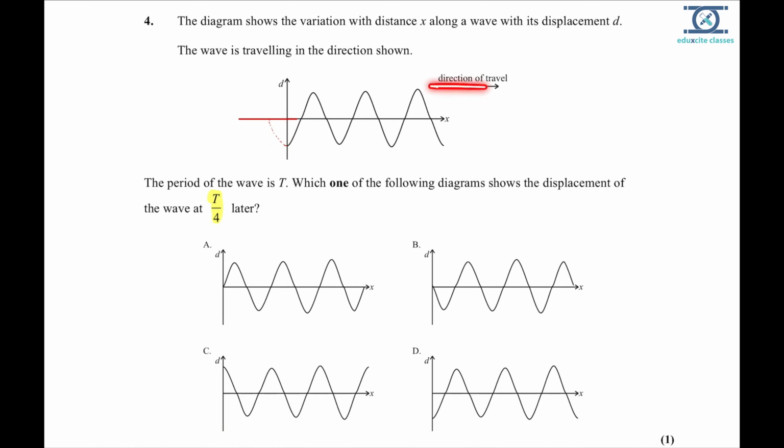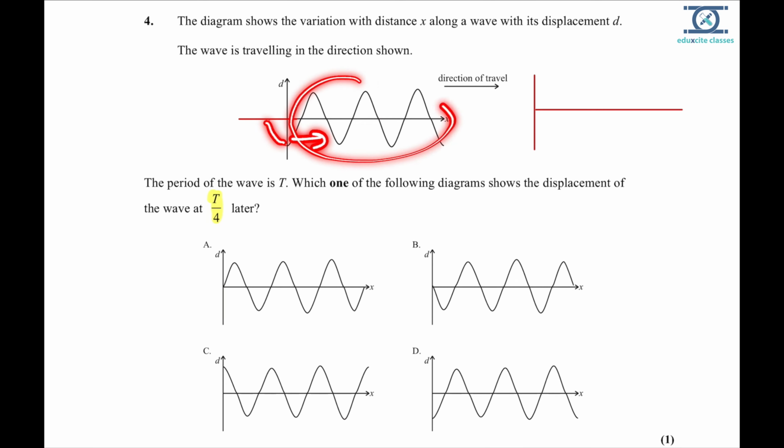So you just move in the direction, so this whole wave will be shifted in this direction. The new wave after time T by 4 will be starting from here, because this part of the wave will come forward and the whole wave will move in the direction of the wave travel. So you can see it will be somewhat like this.